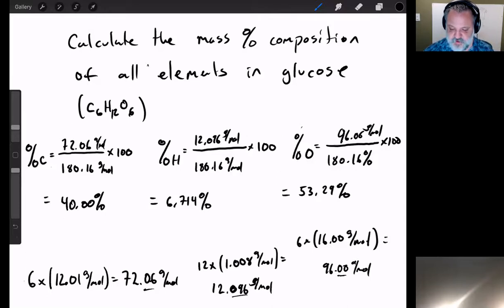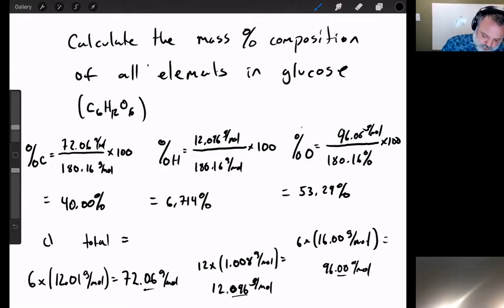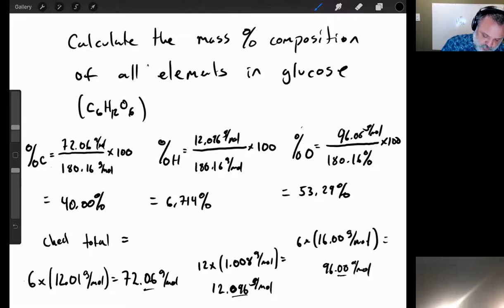Let's add them up. Let's check our work. 53.29 plus 40 plus 6.714. We get the total, just to check our work, 100.004. Seems like we probably did it okay?